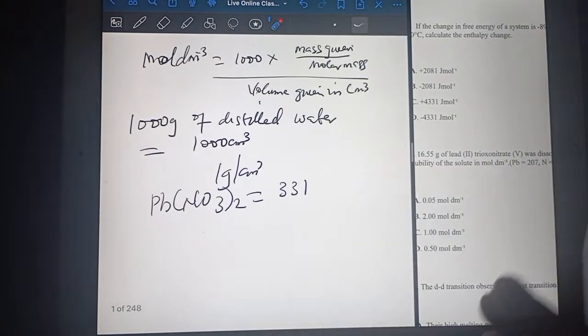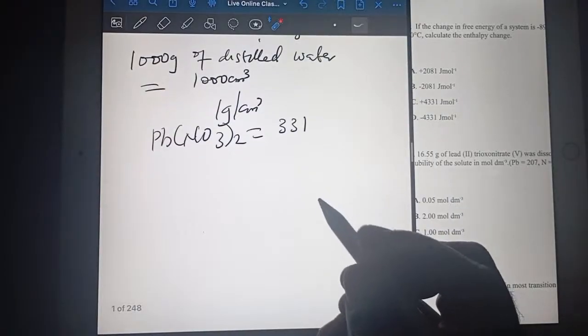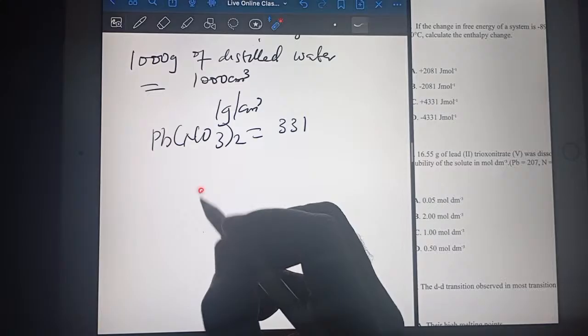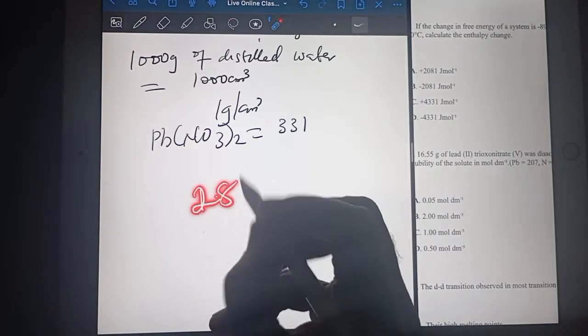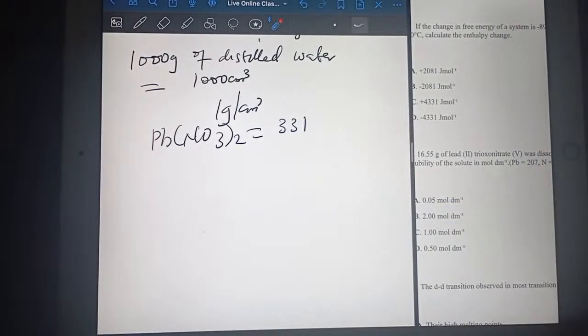Calcium carbonate 100, sodium chloride 58.5, carbon dioxide 44, H2SO4 98. You need to know them this way. It will save you time. Sodium carbonate is 106. Sodium carbonate decahydrate is 286. So these are the tips to avoid wasting too much time, okay?